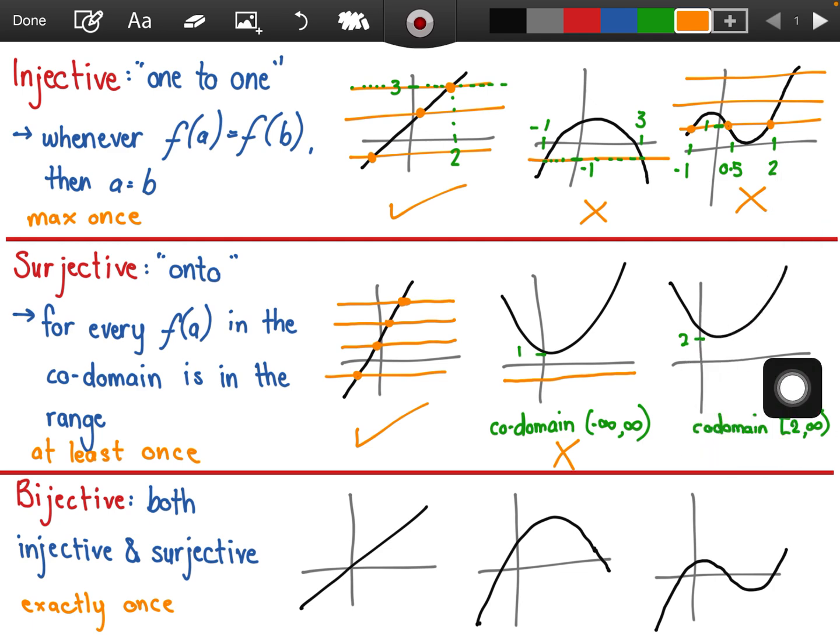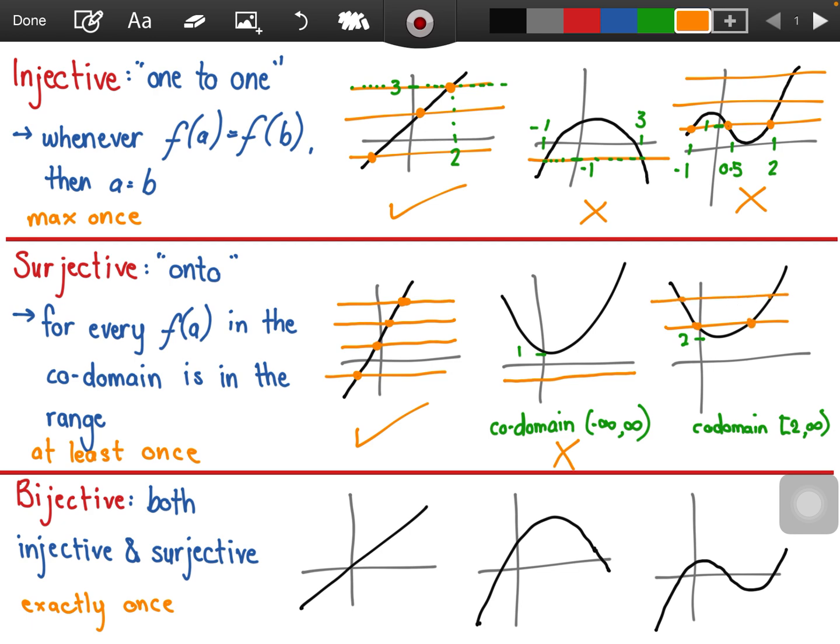Okay, and then here's another one that you can have a look at yourself. My codomain is from 2 to infinity. So if I draw any horizontal line within 2 to infinity, for it to be surjective, I want it to cross the graph at least once. Between 2 and infinity, I can draw any line and it crosses the graph at least once.